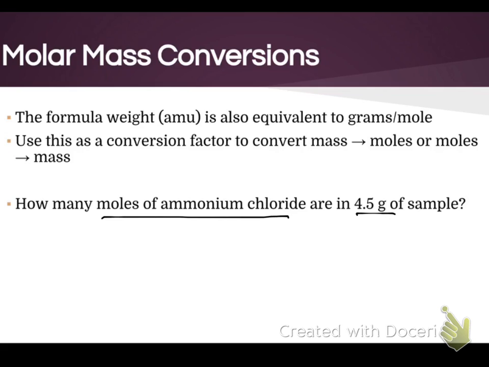The first thing we need to know, though, is what is ammonium chloride. And so on the back of the periodic table that I provided, you'll find a list of polyatomic ions. And the first one on the list, because it's sort of alphabetical, is ammonium.